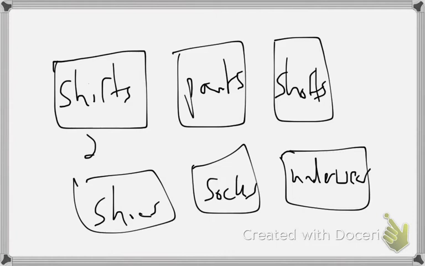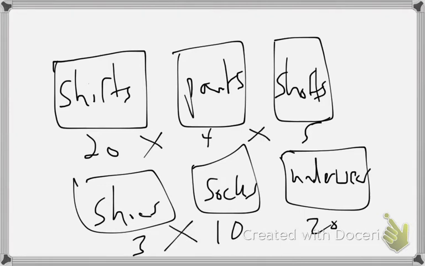And I don't know, I'm just going to write numbers down here. Say you've got all these different numbers that represent how many shirts you have, how many pairs of pants, how many shorts, underwear, socks, shoes. You could have another category for hats or watches or whatever kind of stuff you wear, scarves. And then you multiply all of these together, and that represents how many total outfits you can wear.